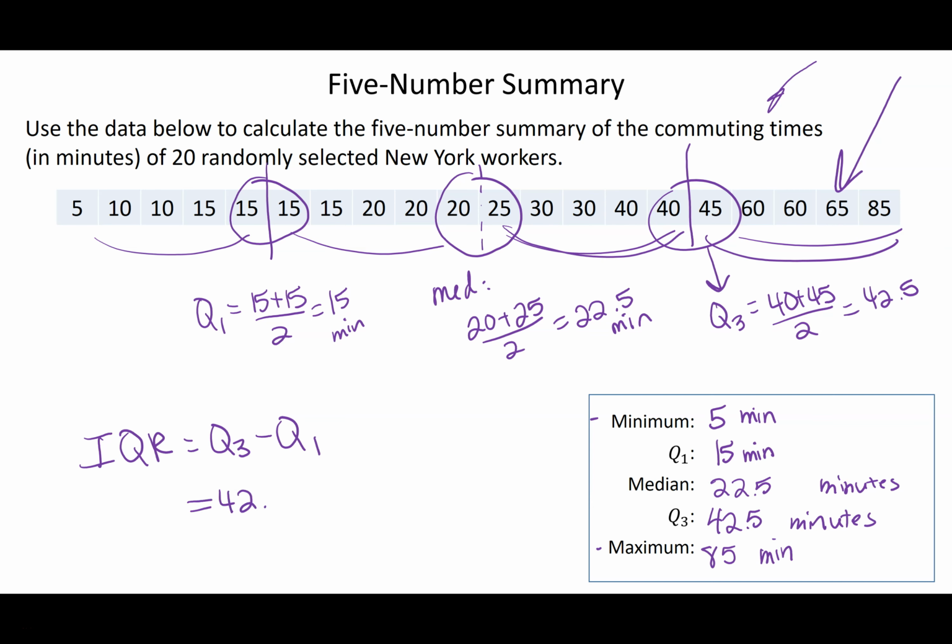So 42.5 minus 15 is 27.5 minutes. So that's my IQR. That's saying the middle 50% of my data set has a range of 27.5 minutes. We're going to build on this in the next slide.